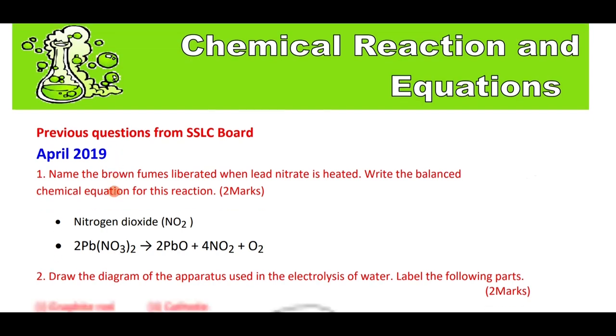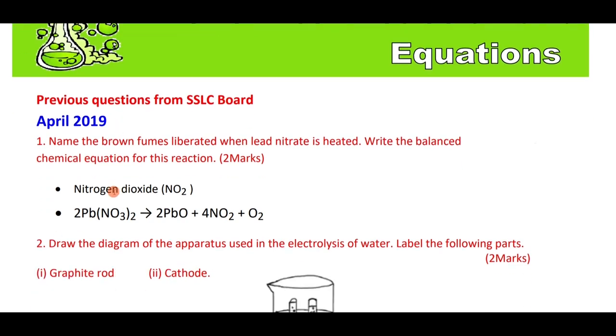Definitely it will help. For the first question, name the brown fumes liberated when lead nitrate is heated. When lead nitrate is heated, we get brown fumes called nitrogen dioxide. What is the chemical reaction? Lead nitrate, 2Pb(NO3)2, on heating gives 2PbO, that is lead oxide, plus nitrogen dioxide plus oxygen.